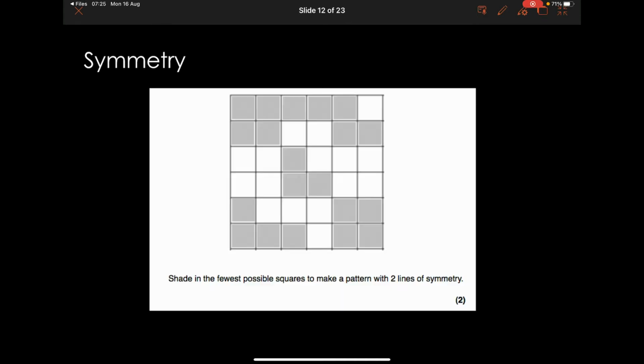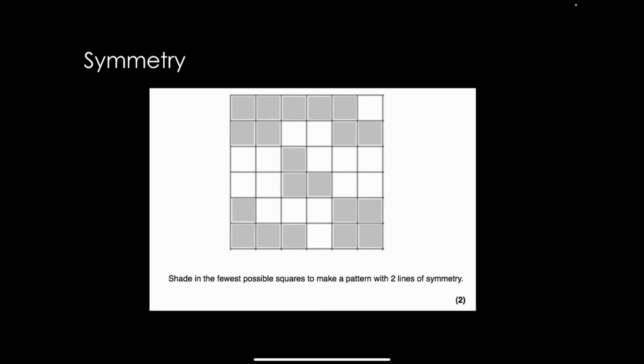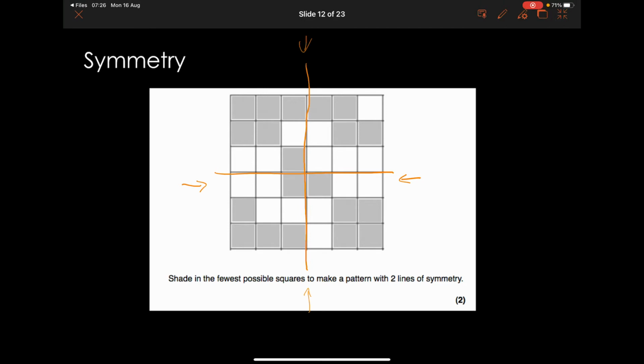Okay. Now for this one it says, shade in the fewest possible squares to make a pattern with 2 lines of symmetry. That means I'm going to have to try and get it so that that side is the same as that side, and so that this side is the same as this side.